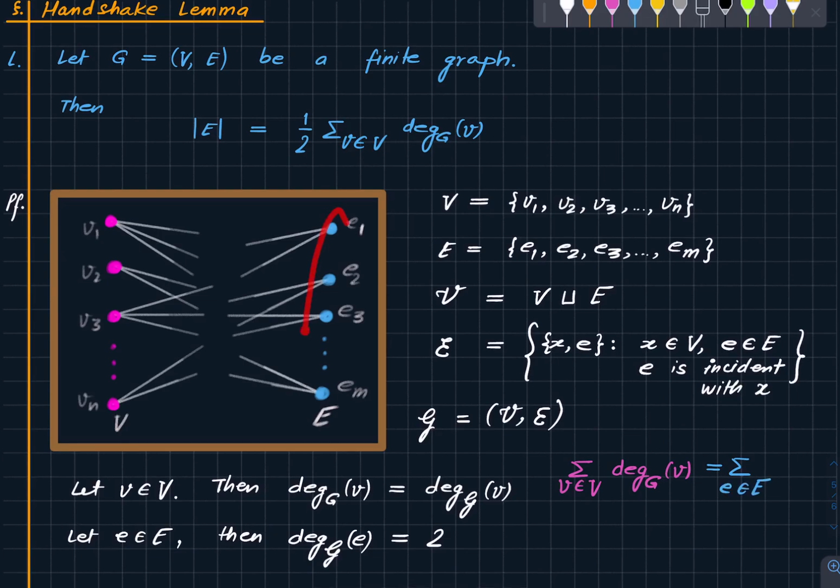So this will of course run over all the points in capital E. And what is the degree of any point in this fancy graph of any point on the right hand side? It is 2, as we argued. So this immediately leads to your desired conclusion, because this gives you one half. Okay, so what is the right hand side? This is equal to twice the cardinality of E. That's what that is, and if you just divide by 2 on both sides, you get that result. So that is called the handshake lemma. It has a name, and we see why this is called the handshake lemma, because of the puzzle we introduced.